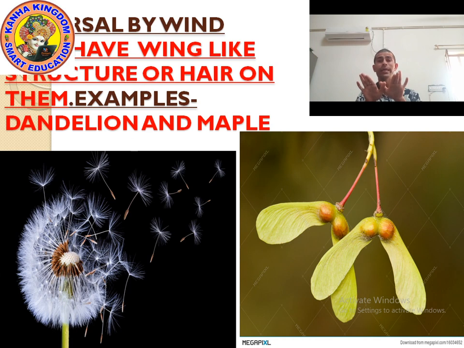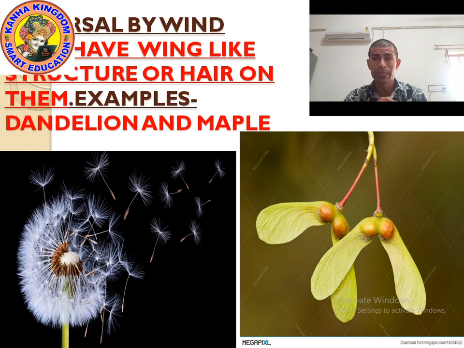They have a wing-like structure, or they have hair on them. So they flow away, they move away, scatter away from one place to another place with the help of wind.